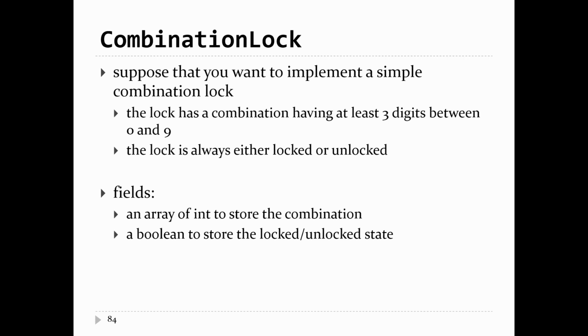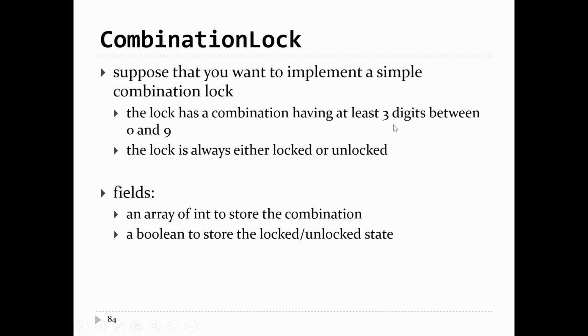So it's not a terribly difficult class to implement, but you have to pay attention to the details when you're implementing the methods that involve the array that I'm going to use to store the digits. So how am I going to store the digits? Well, it's 3 or more, so it's at least 3.